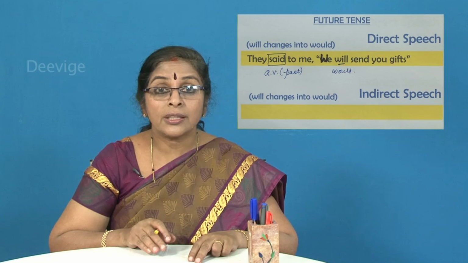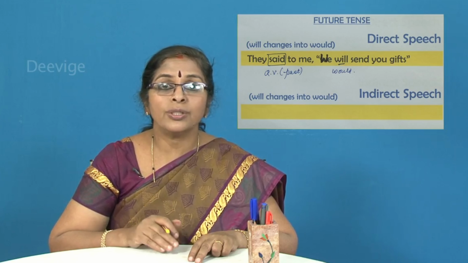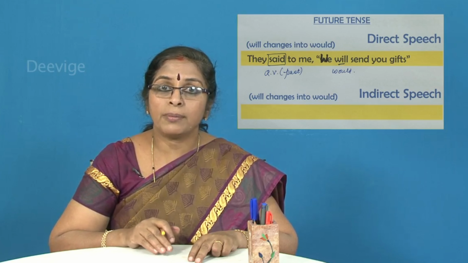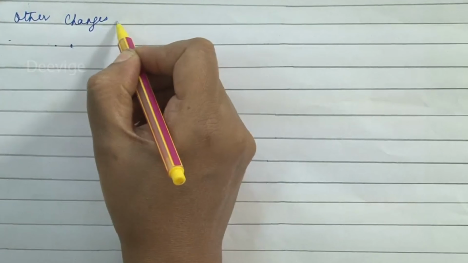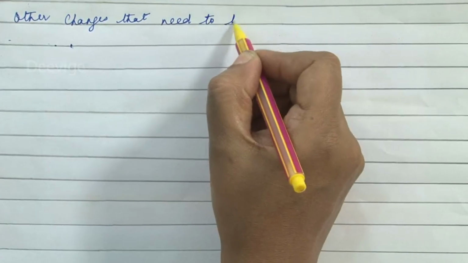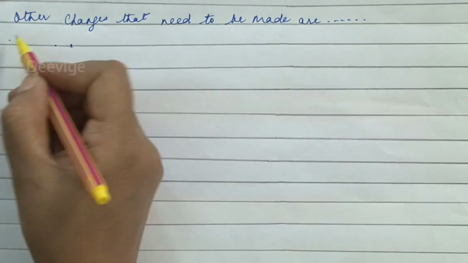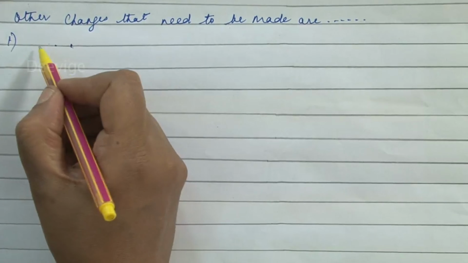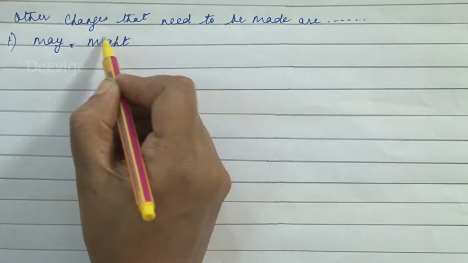These are the changes that you have to remember when you are changing the sentence from the direct to the indirect. If you want, you can make a note of it, students. I'll write it for you. The other changes that need to be made are, okay, if you have the word may, it changes to might, M-I-G-H-T.